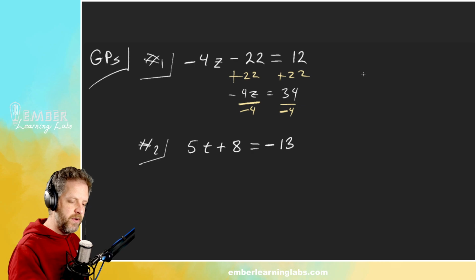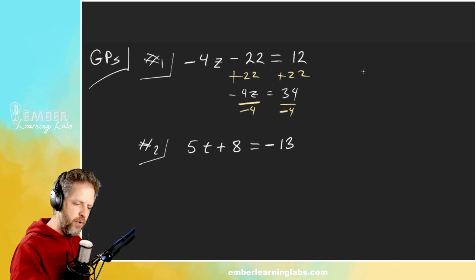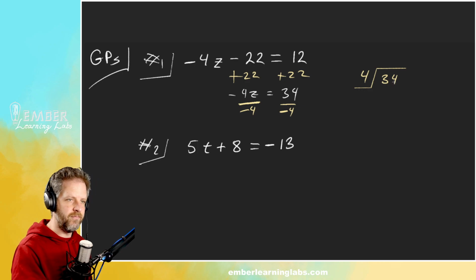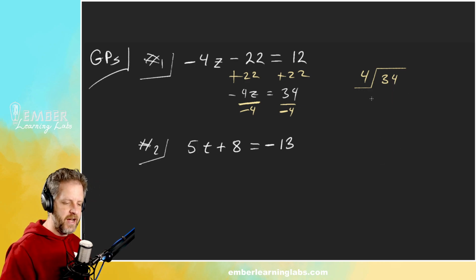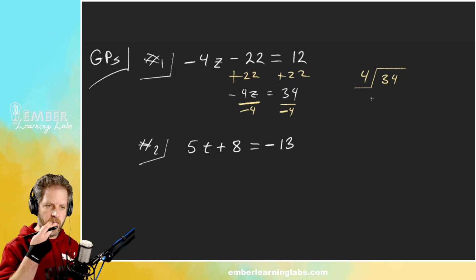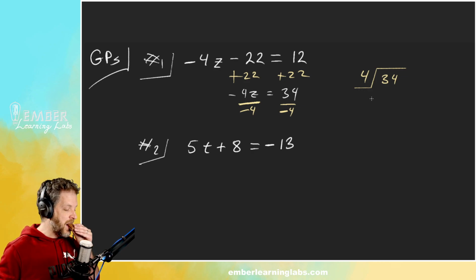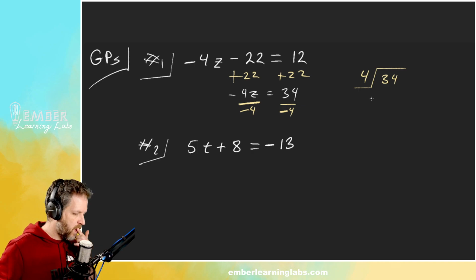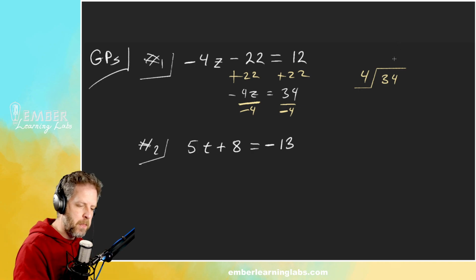All right, so we've got 4 into 34, right? Are y'all there? Okay, good. So 4 goes into 34 how many times? Eight times, I believe. You're right.